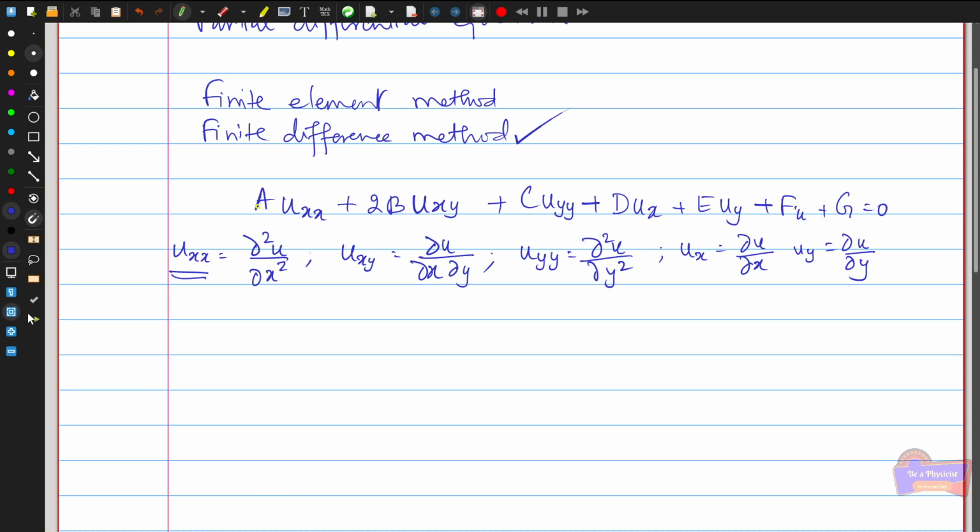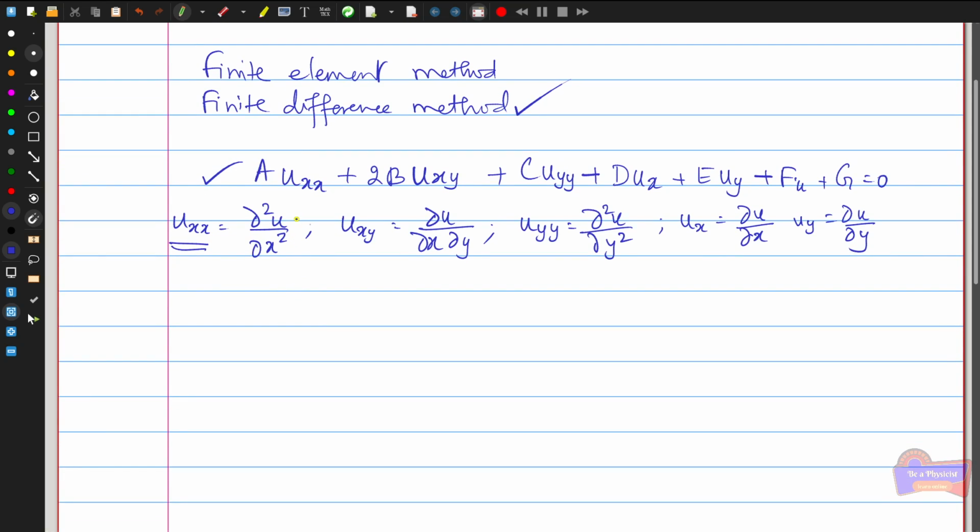Partial differential equations of this kind can be classified into three different types. One is the elliptic equation. The second one is the parabolic equation.